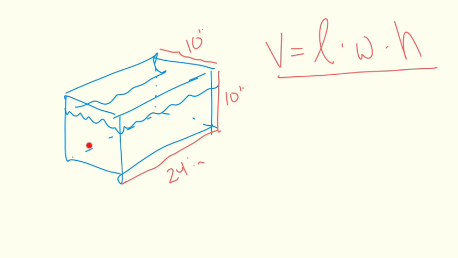The real aquarium sides might be bowed in a little bit. Could be a little rounded here at the corners. Maybe the thickness of the wall is thicker here than it is over here. So the answer I get by multiplying 24 times 10 times 10 is the volume of the sort of imaginary perfect aquarium, not the aquarium that I actually have sitting in my room.